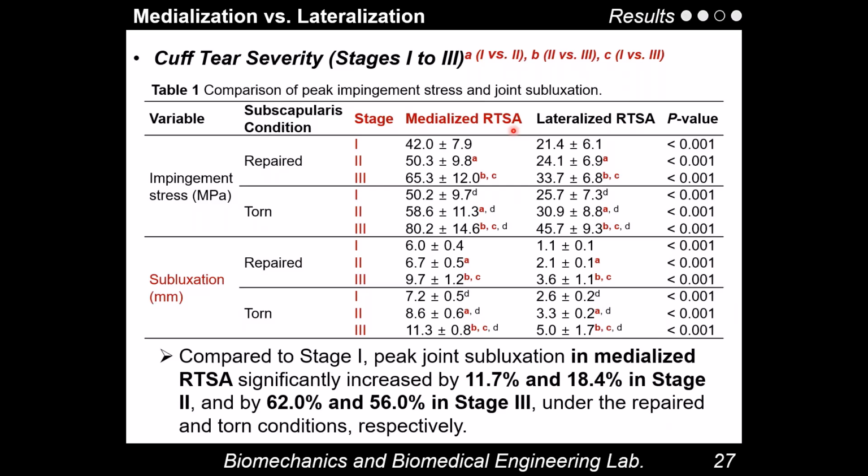This indicates that even a partial tear of the infraspinatus begins to compromise joint stability. The progression to stage 3 led to a critical increase in joint subluxation for the medialized RTSA. This confirms that the integrity of the infraspinatus is a dominant factor in maintaining joint stability in medialized RTSA.